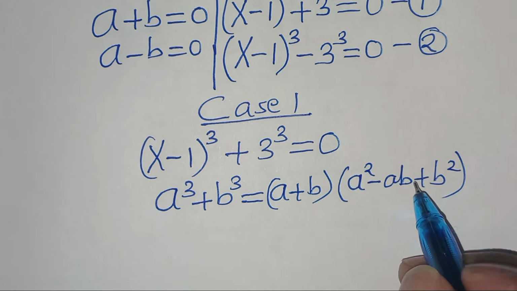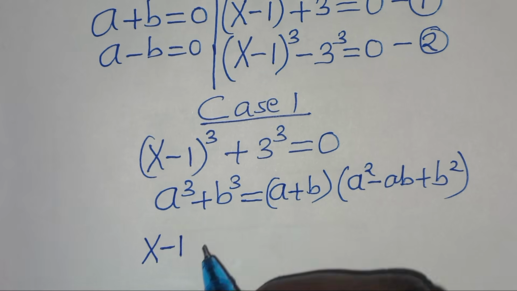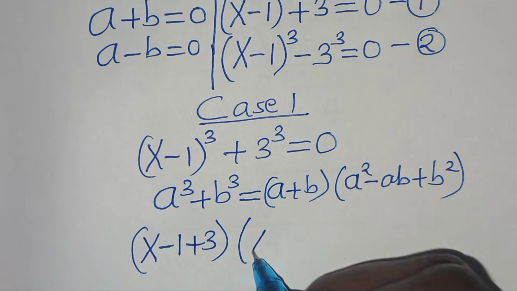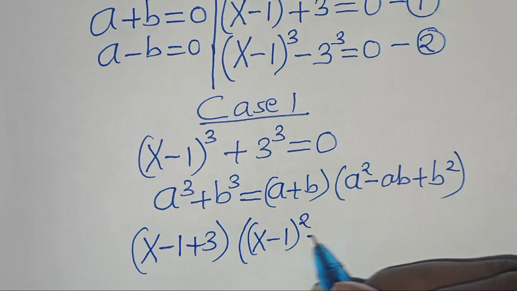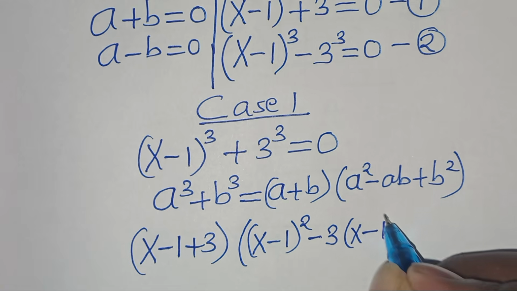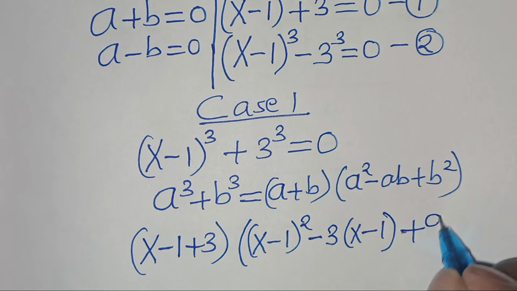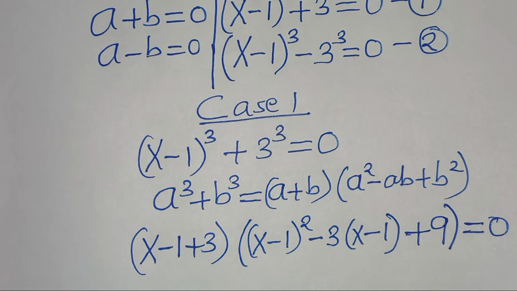Applying this identity, we have (x − 1 + 3)((x − 1)^2 − 3(x − 1) + 3^2), where 3 squared is 9. This is equal to 0.